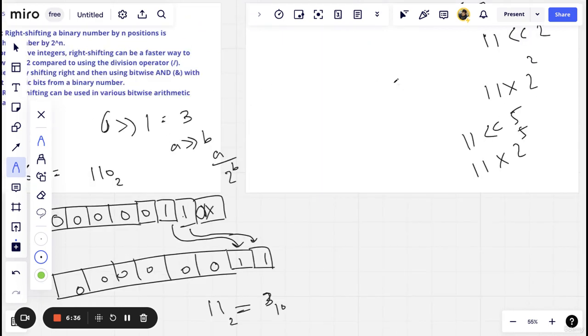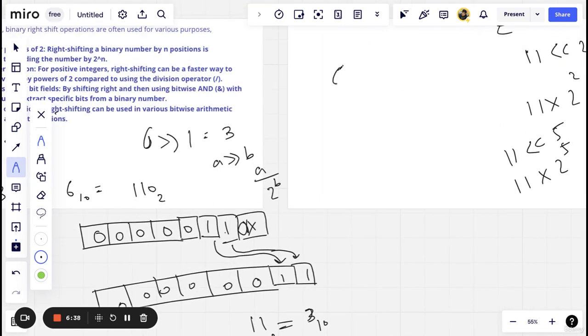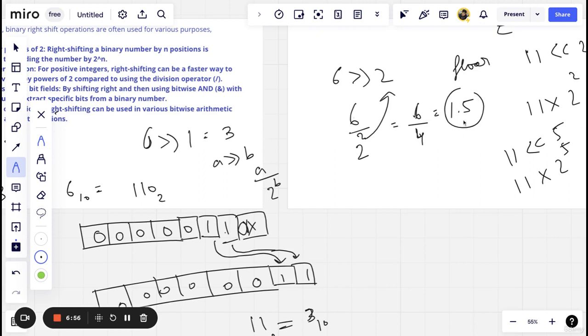If I was doing, let's say, a right shift operation of 6 by 2 times, it will be 6 divided by 2 raised to the power of b. And what is b? 2. So it will be 6 divided by 4, which is equal to 1.5, but we will take the floor value. Floor is the nearest integer that is less than 1.5. So it is 1. So the answer is 1.